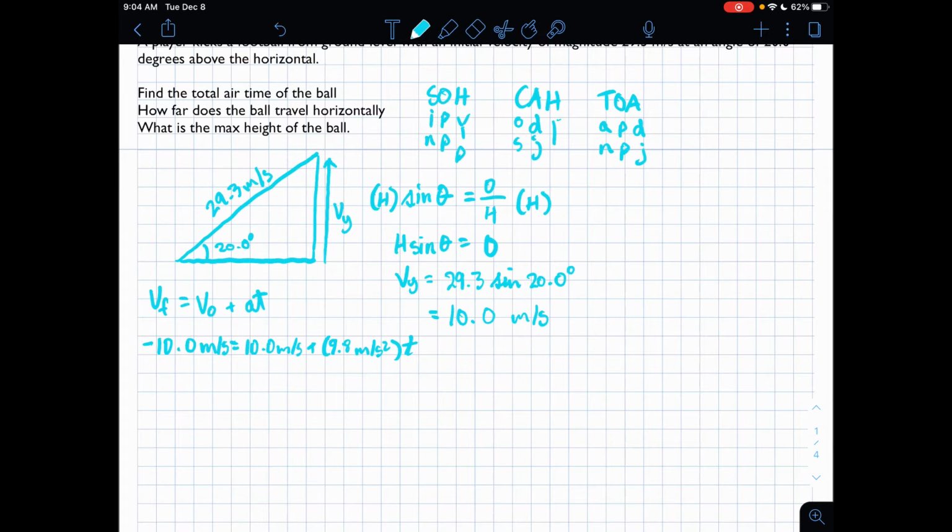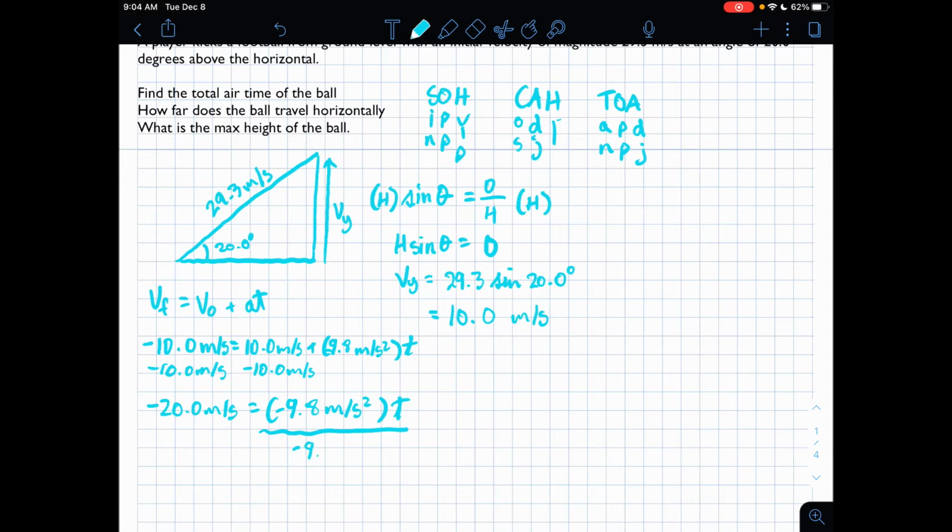So to isolate the t, subtract 10 from both sides. You would get negative 20 meters per second is equal to negative 9.8 meters per second squared times t.